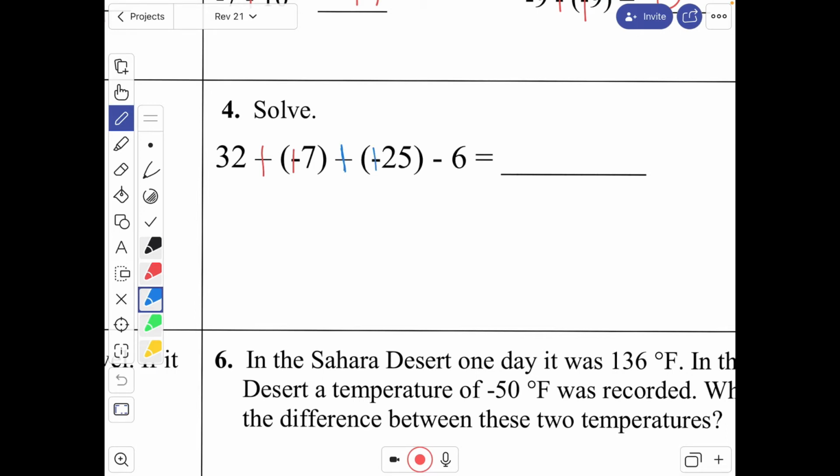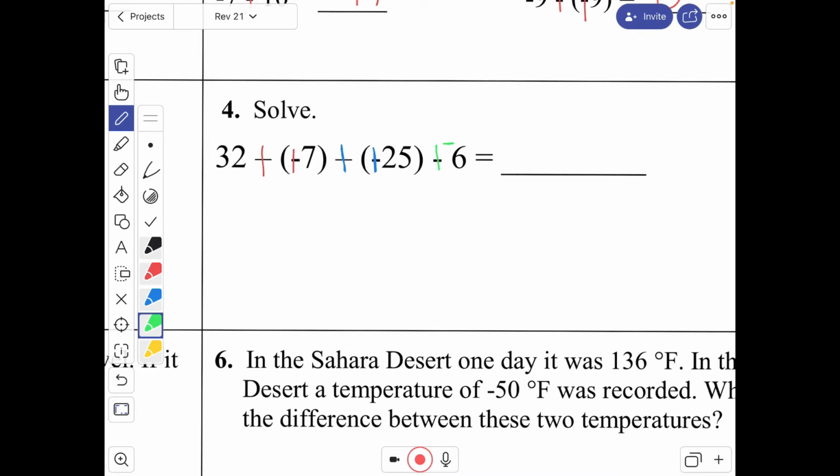The number behind it, change it to its opposite. So negative 25 becomes positive 25. I still see another subtraction sign, so change that to addition, and I have a positive 6, so the opposite would be negative 6.